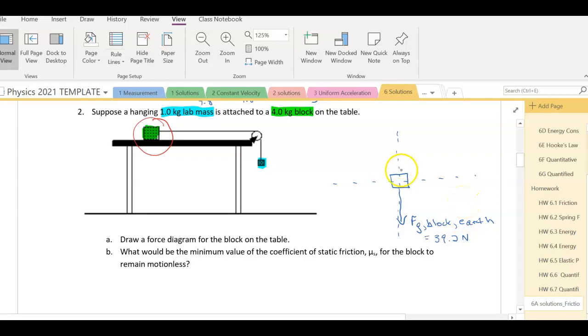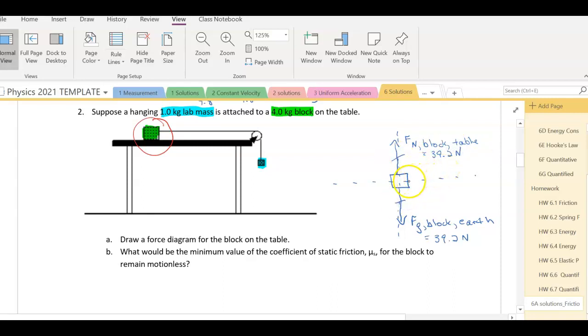The table is supporting the block with a normal force. In this case, the normal force and the force of gravity are equal because they are just balancing each other.